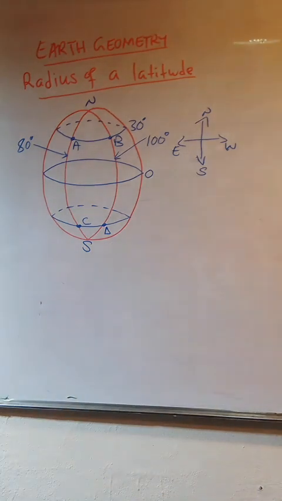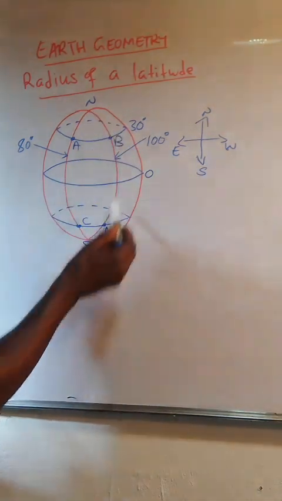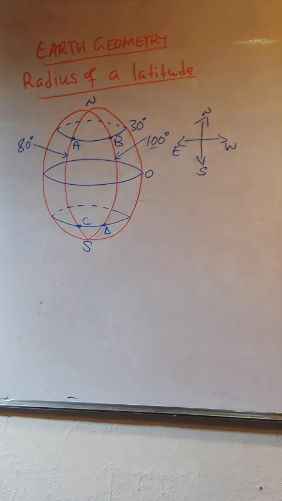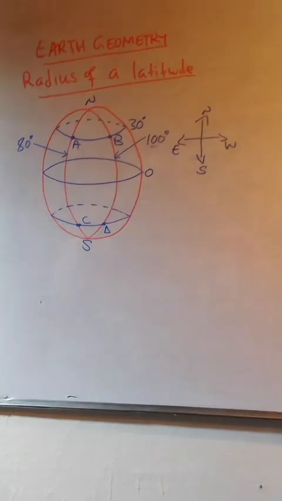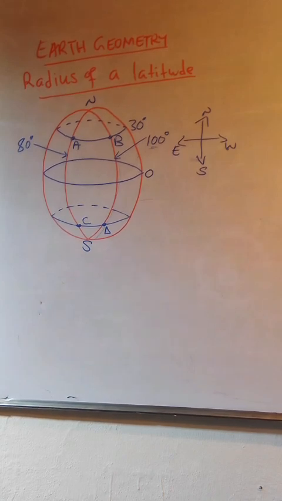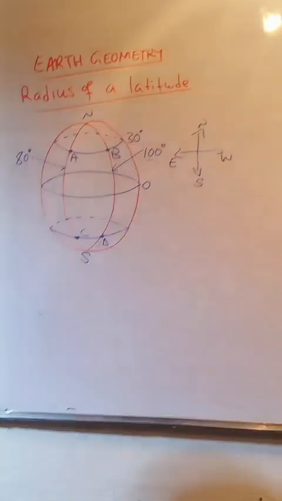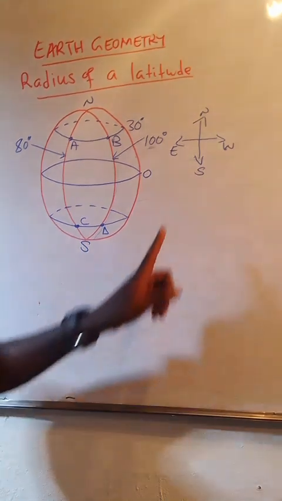Now, once you do that, we can know that this is west and this is east. Okay, so we have that compass.